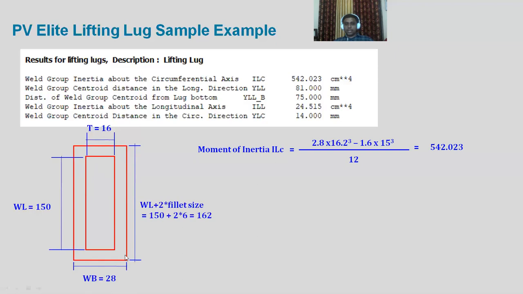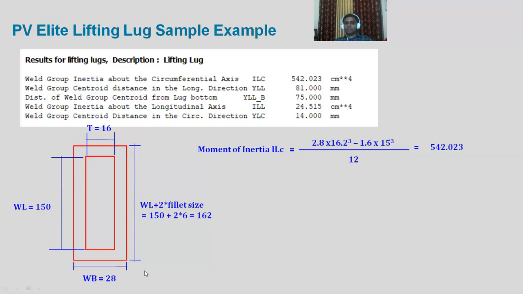So for the outer rectangle, what will be its moment of inertia in the strong axis? BD cube by 12. These values are in centimeter, while we have put in the values in millimeter, so let's take the values in centimeter. Here for the outer rectangle, what will be its total depth? 162, so it is 16.2.